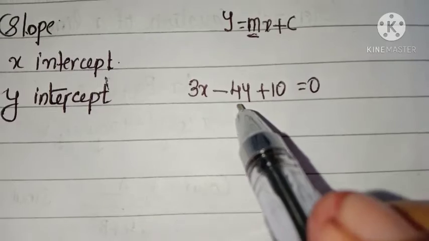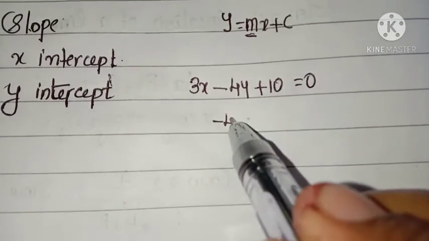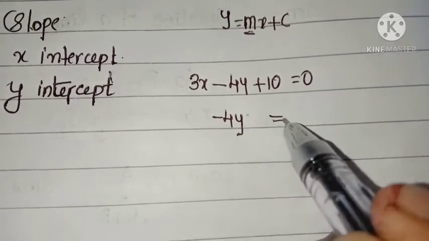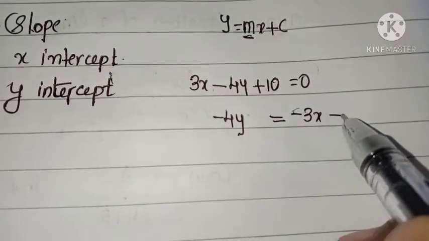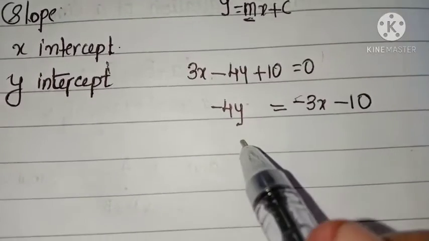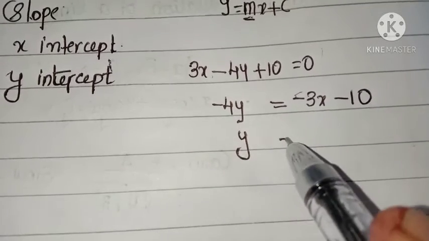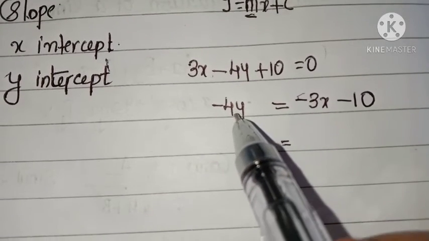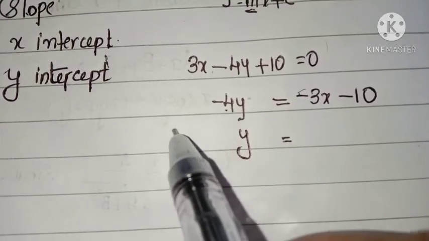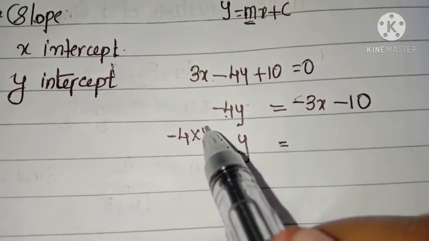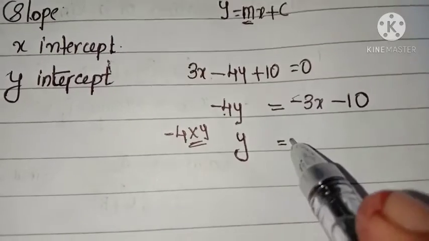First step is consider y term alone on left side and take all other terms to right side. So this becomes minus 3x minus 10. Now we need y only. So y equal to, shift this minus 4 to right side. Actually it is minus 4 into y, so into becomes division.